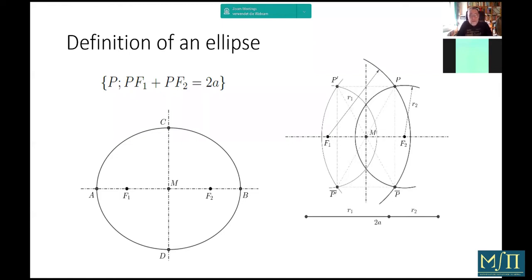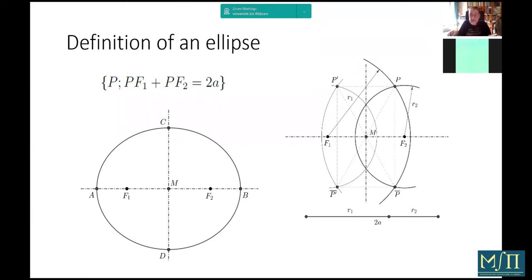The points on the minor axis, C and D, are just as easy to obtain, of course, because we simply know that any point on the perpendicular bisector of the segment F1, F2 is certainly a point that has the same distance from F1 and F2.